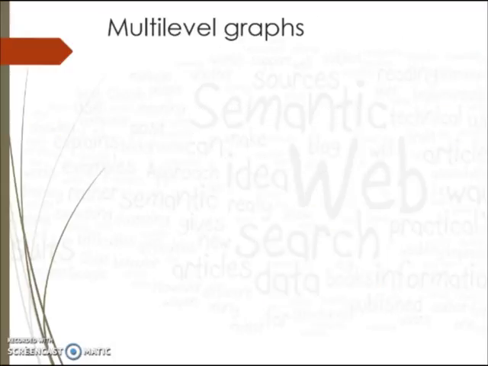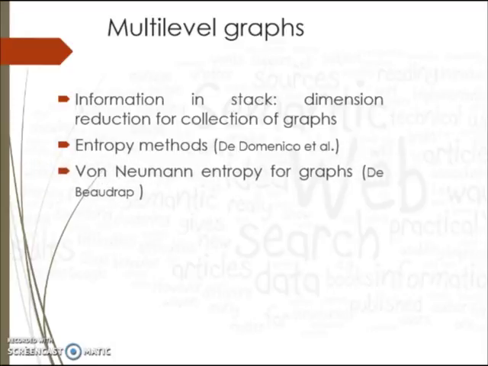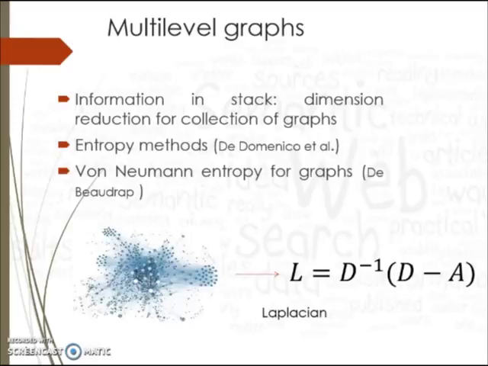Now, information is in stack, and we want to find some kind of dimension reduction technique for a collection of graphs. So this is where entropy methods come in, and we'll follow very closely the work done by Domenico. They were interested in other problems. They weren't interested in text, but they looked at these entropy methods for graphs, and their work is based on the ideas by Deborah and other authors, which considers associated to a certain graph the Laplacian, which is actually the renormalized adjacency matrix minus the diagonal.